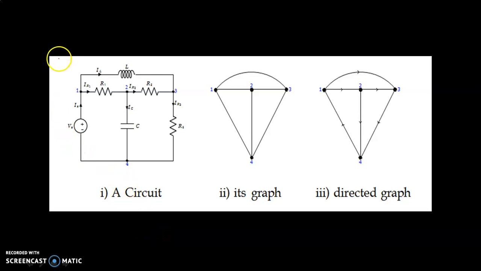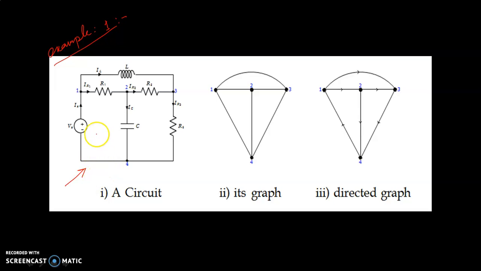A typical example is given here. Example number 1, in which we are going to see how actually a graph looks. If a circuit is given like this, this is your given circuit.